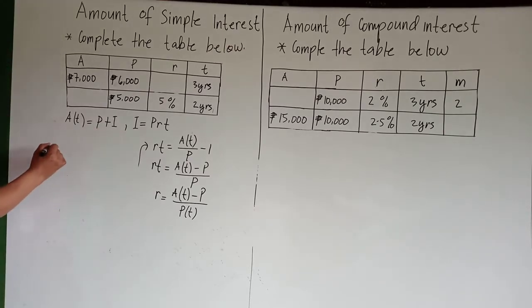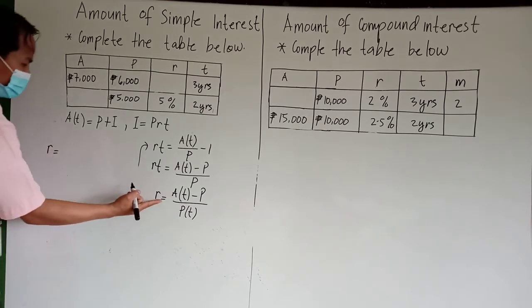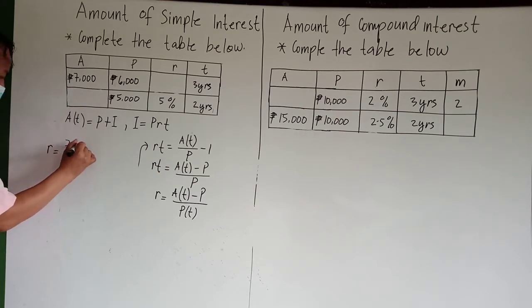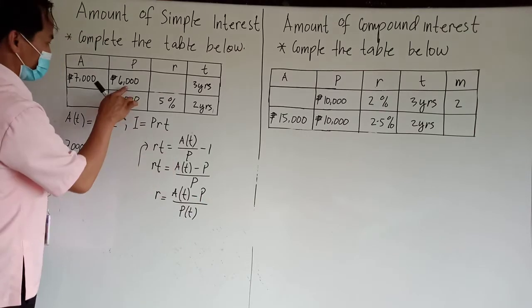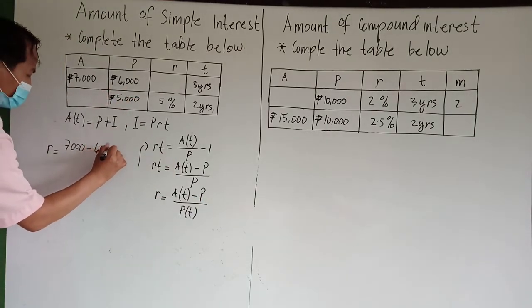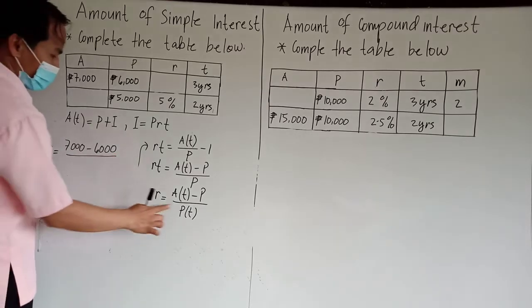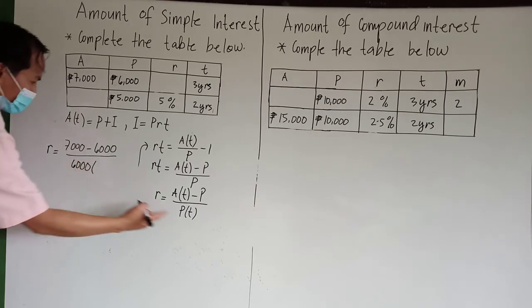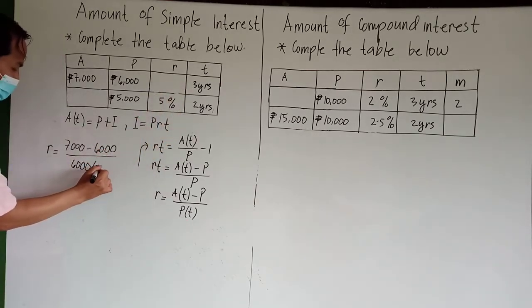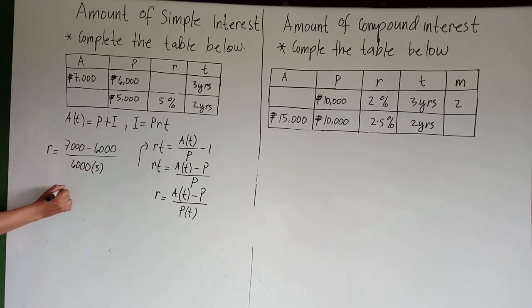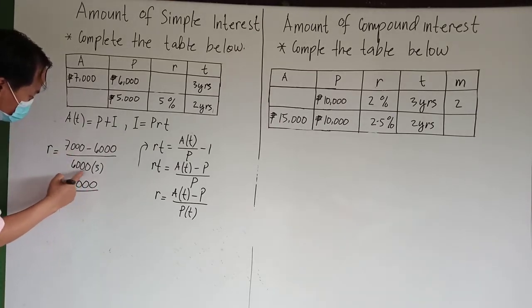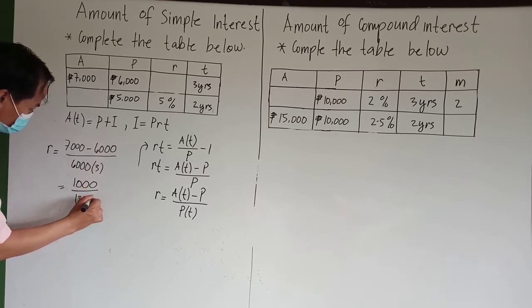From that, the rate is equal to this given formula, A(T) minus P over P times T. We have 7,000 as our amount, minus our principal, 6,000, over the principal again, 6,000, multiplied by the time, which is 3 years. So 7,000 minus 6,000 is 1,000, over 6,000 times 3, which is 18,000.